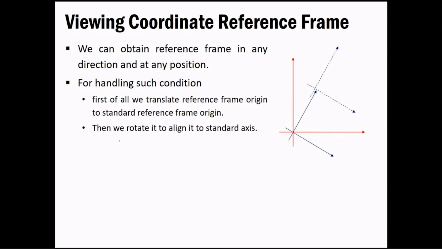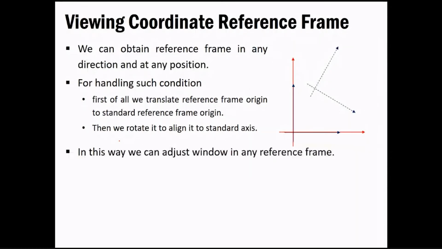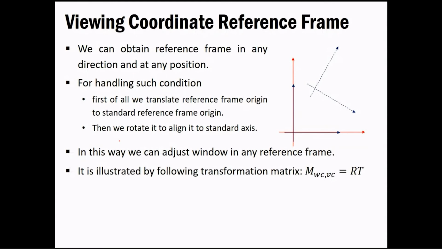And then we rotate it to align it to the standard axis. So for our simplified operation, or for easier understanding, we rotate it to align it to the standard axis. Once you have this case, in this way we can adjust the window in any reference frame. And then again put it back.